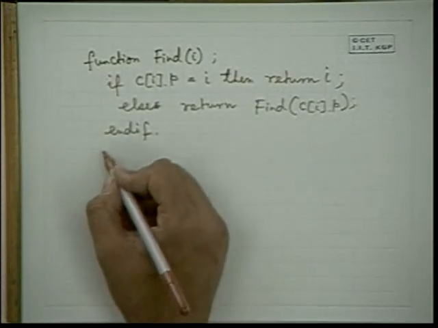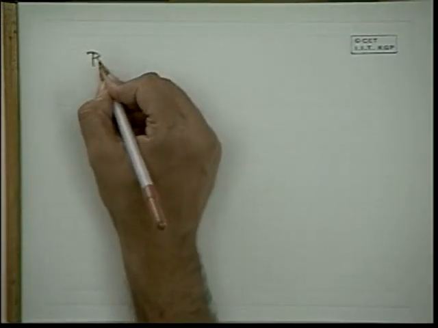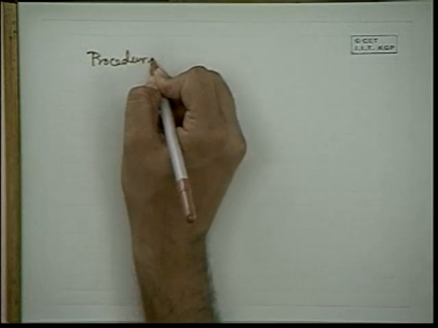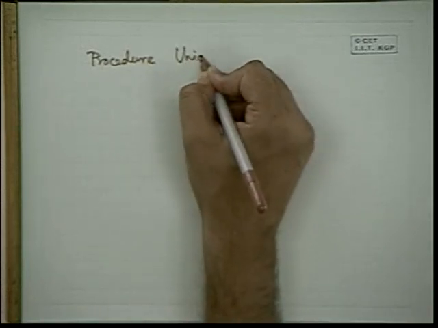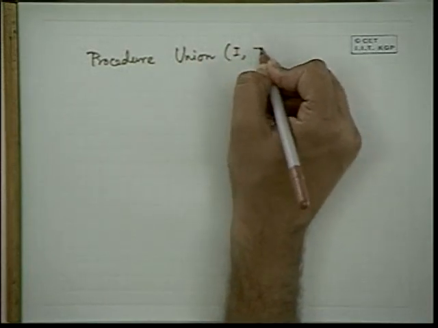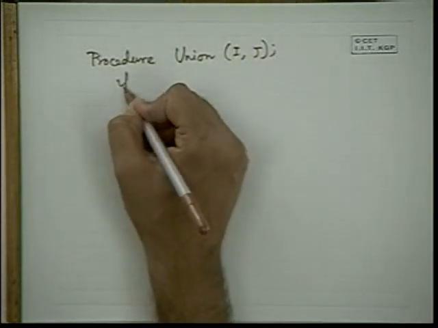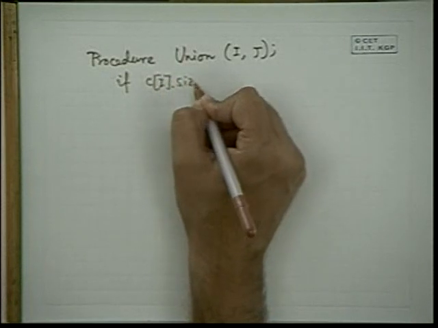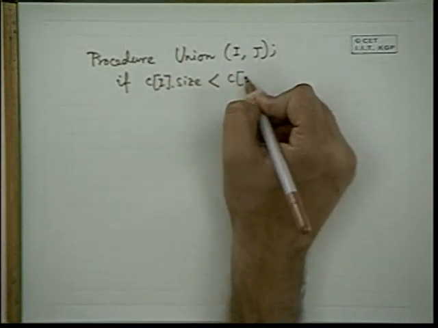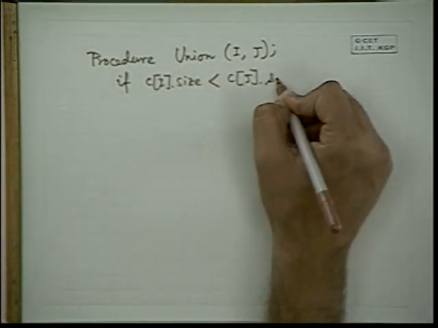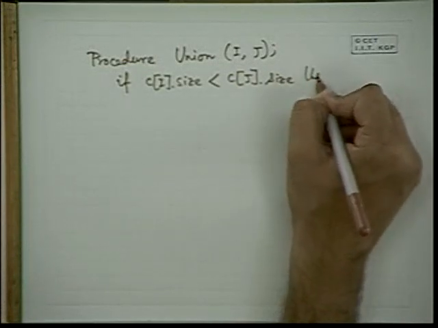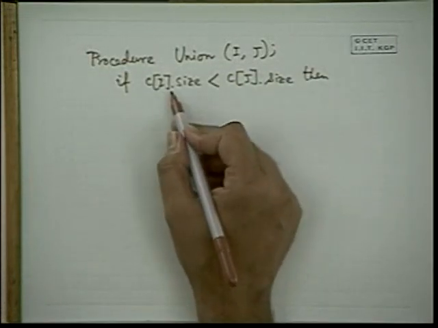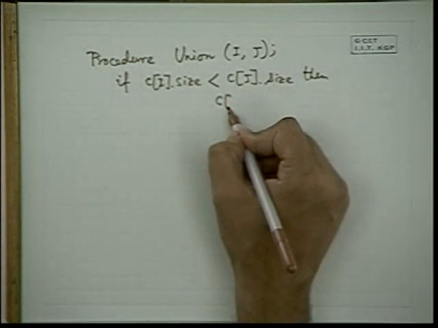Now, the union operation is again similar. So, I am going to write this union now. Union ij, if Ci dot size is less than Cj dot size, then I is less, so it will be linked to j.